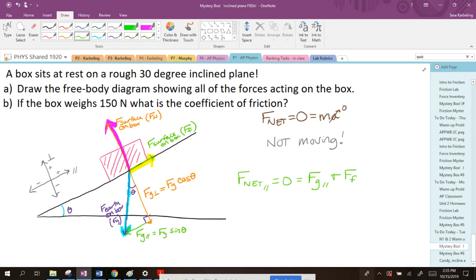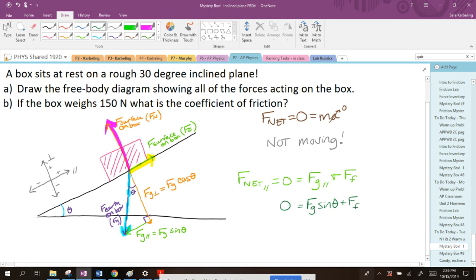How's that going to help me figure out the coefficient of friction? So you can determine FG parallel because you can determine FG sine theta. And then with that you can find FF. Okay, so this is FG sine theta. I'm just trying to understand where you're going with that.